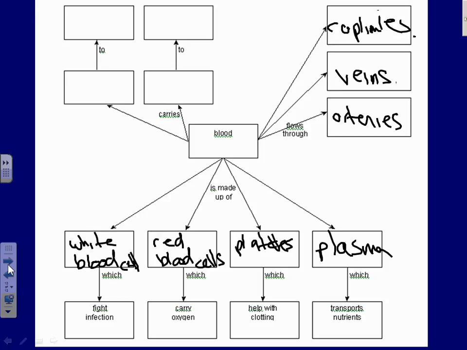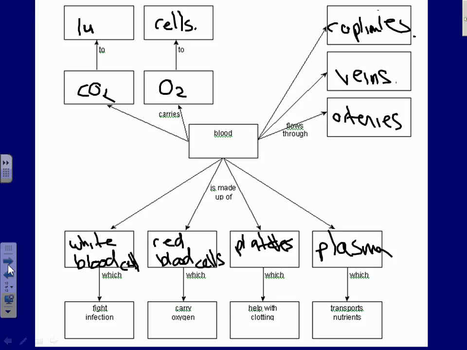So again, my spelling is horrendous, but that's okay. Blood carries blank to the blank and blank to the blank. What is it transporting in the end? O2. Where's the O2 going? To the cells. Excellent. And what else? CO2. And where's it heading?